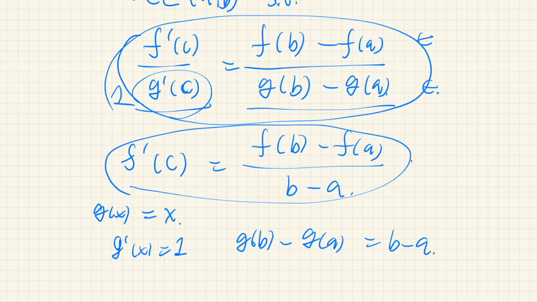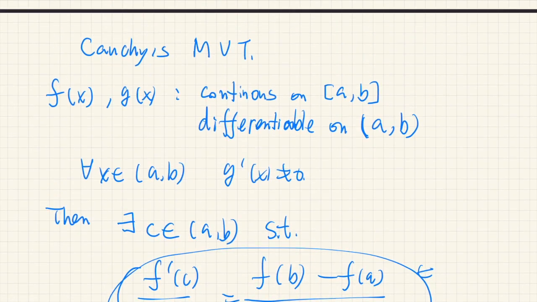Okay, so let's prove this. First of all, we apply the usual mean value theorem to the function g because it satisfies the conditions for the mean value theorem. It is continuous on the closed interval between a and b, and differentiable on the open interval between a and b.